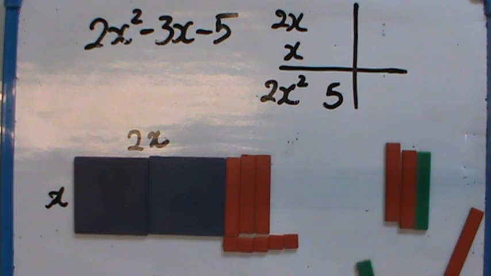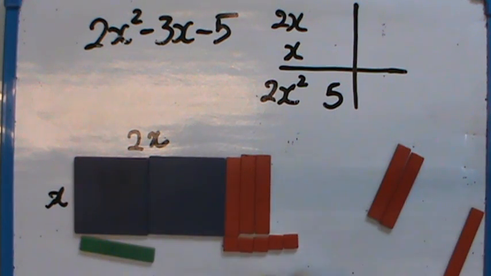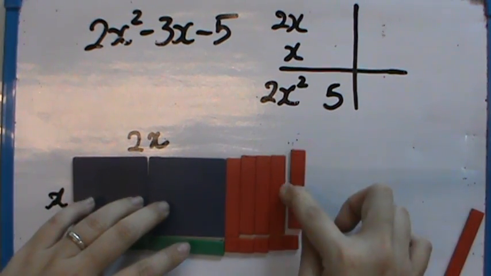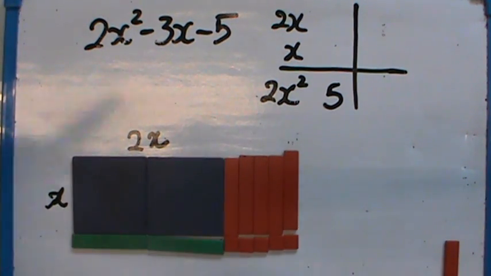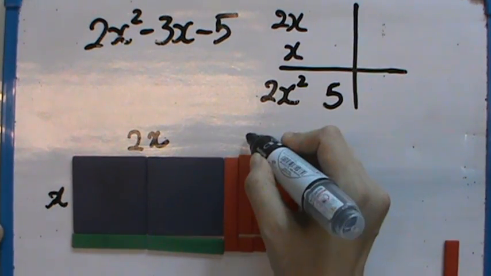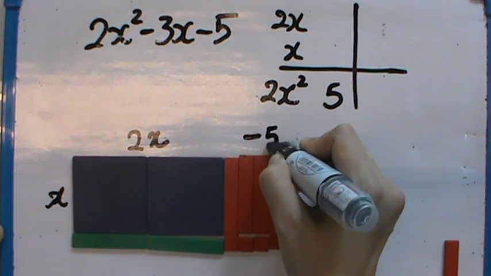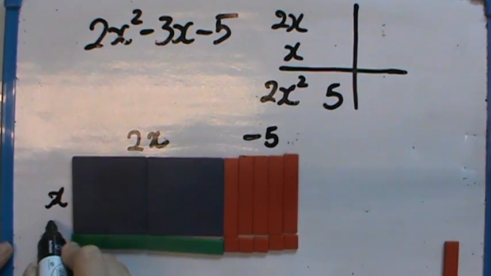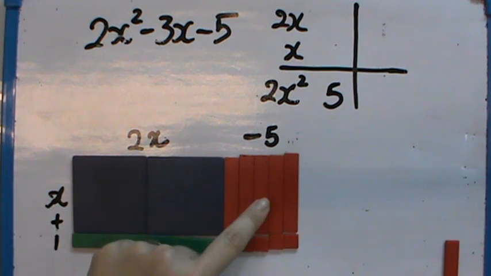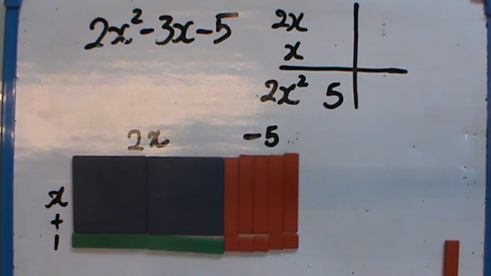Hence, my factorization is correct. And I will have 2x, 1, 2, 3, 4, 5, negative 5, positive 1, to give me a total of 2x squared minus 3x minus 5.